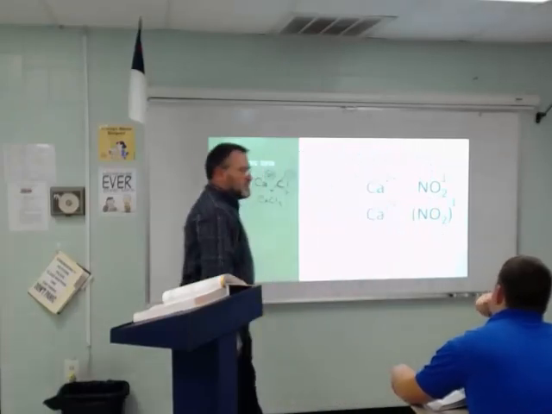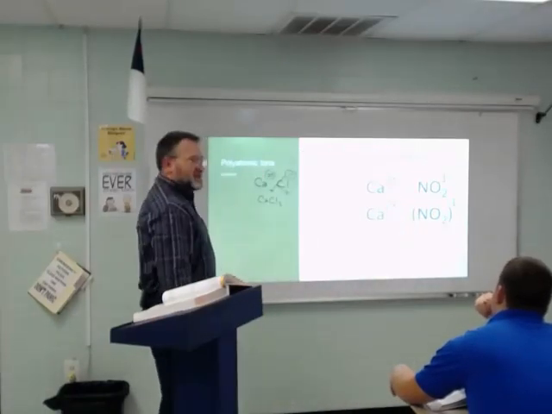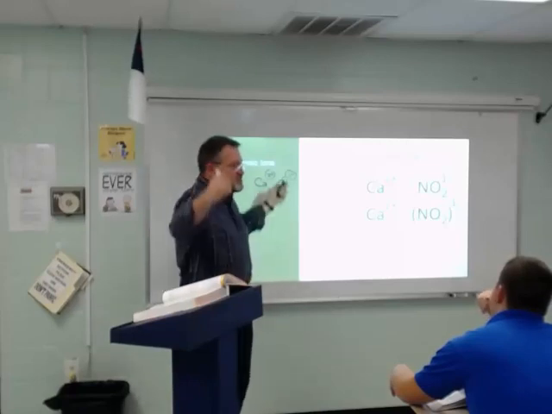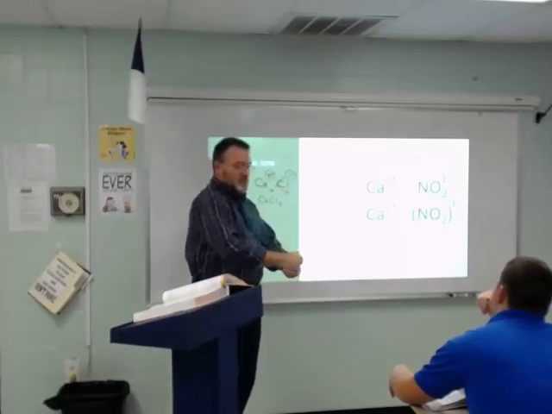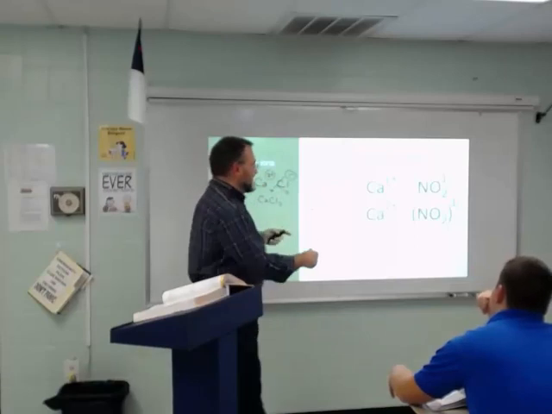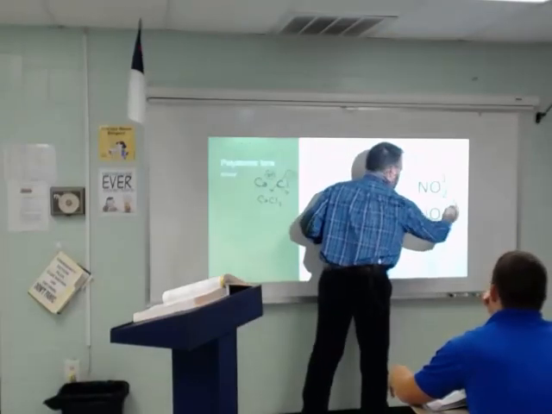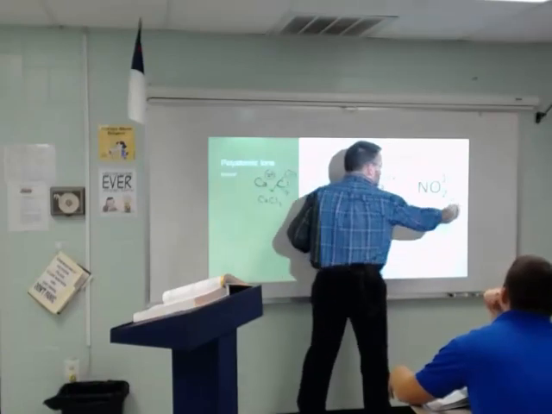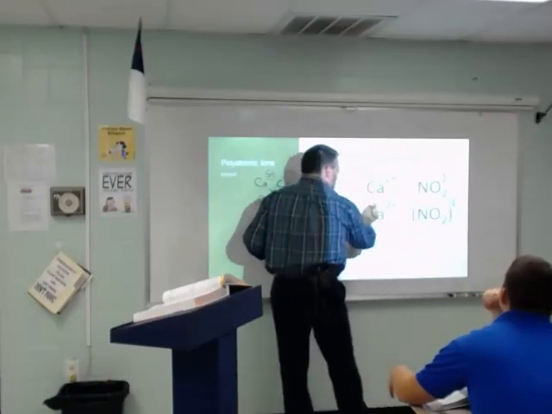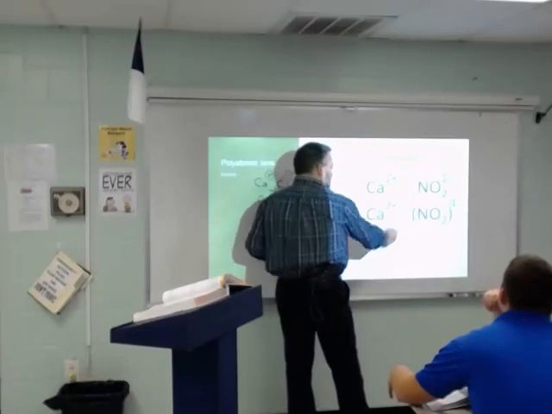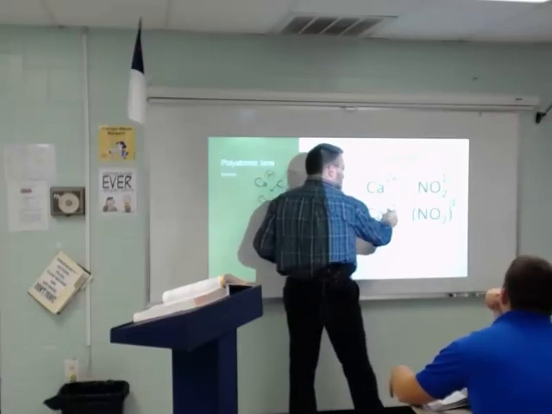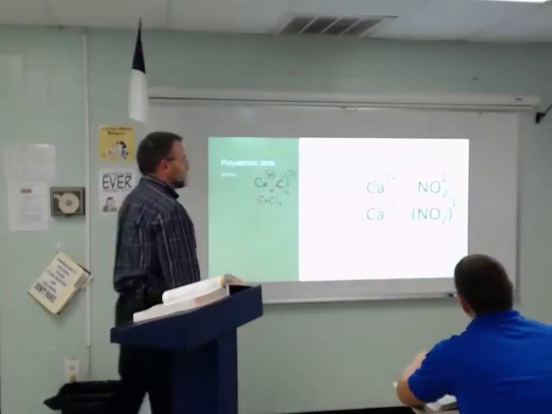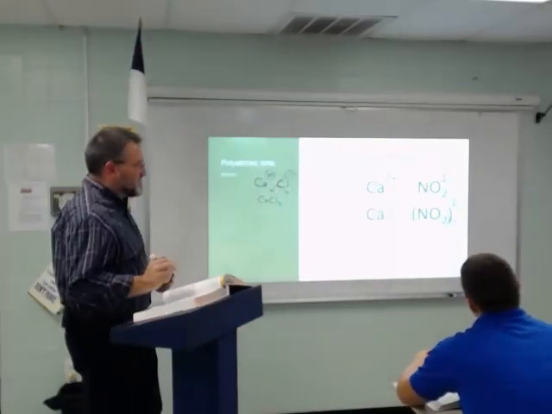The entire NO3 molecule has that 1 negative charge. So that when we do the next step, which is to transpose, we remember that this is being applied to this whole thing. In this case, the 1 is going to be the subscript of all of calcium, and the 2 positive here is going to become the subscript of the entire NO3 molecule. So we do that. We just transpose them.